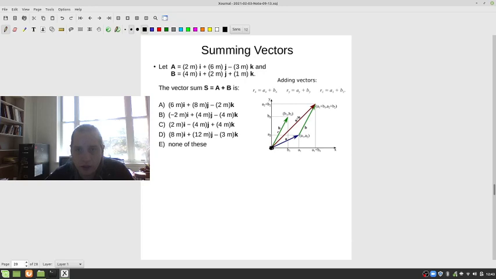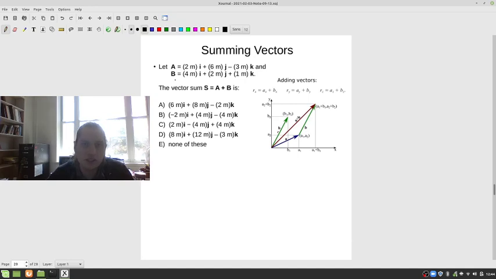Okay? Now, that geometric idea is sometimes a little bit hard to figure out how you're going to do it mathematically. So the trick is you split up each vector into XYZ components, and then you add them up.